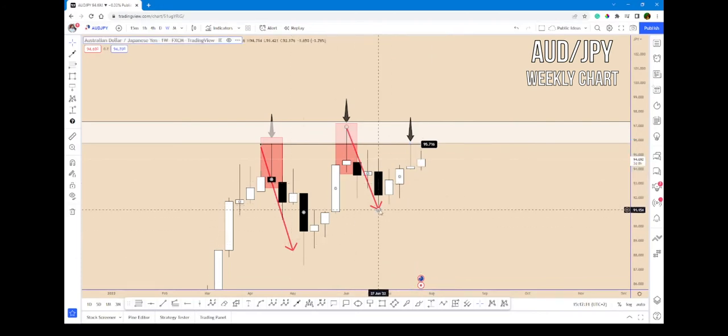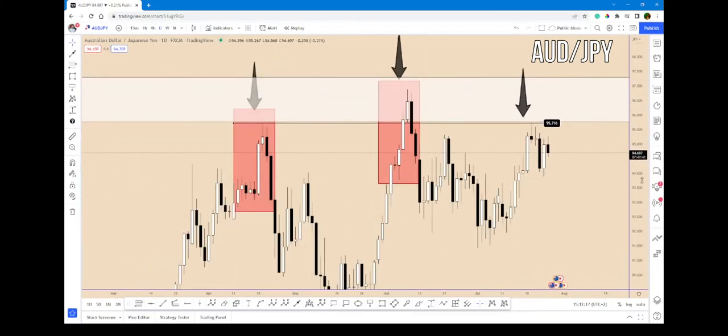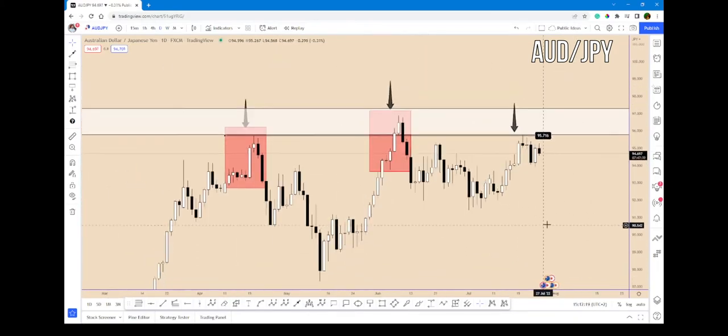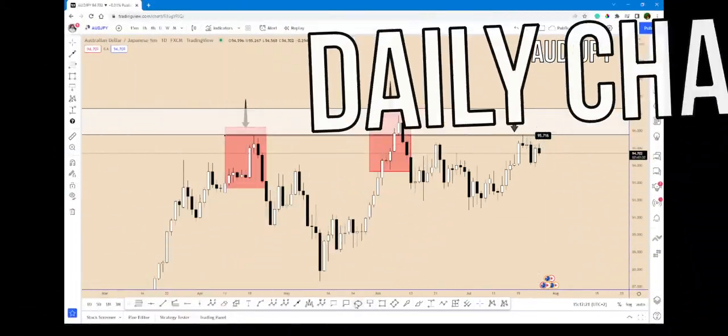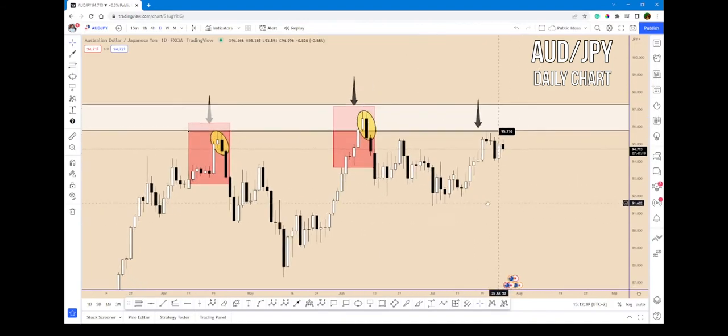So let's move to the other time frame, the daily time frame. If we look here in this time frame, we can see these two candles, a bullish candle and a bearish candle that engulfed the previous one, and price created the same thing close to the resistance area.